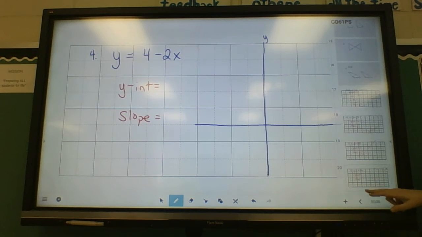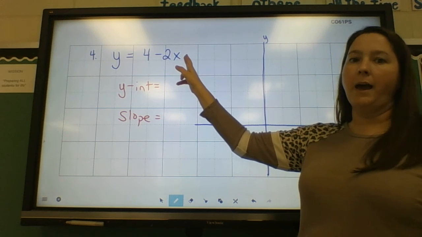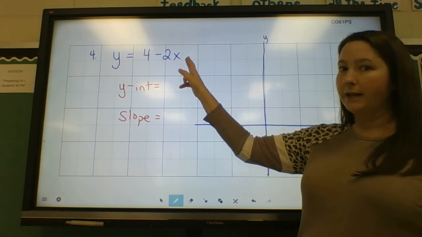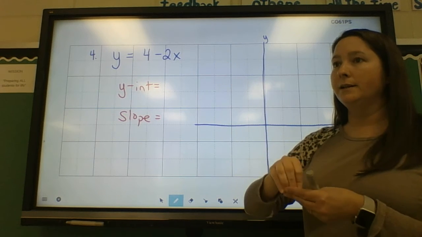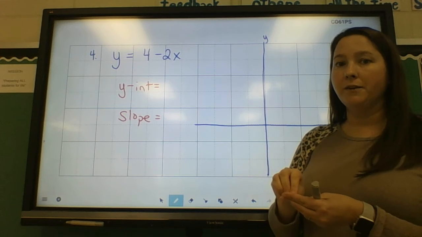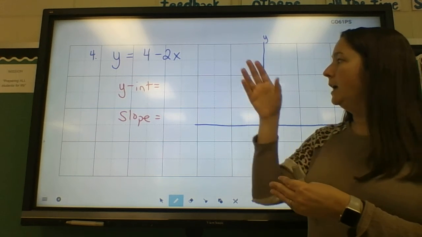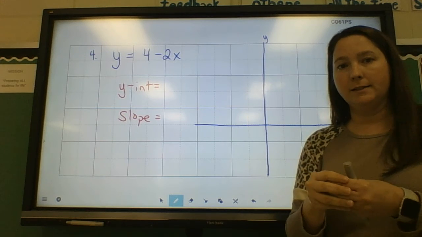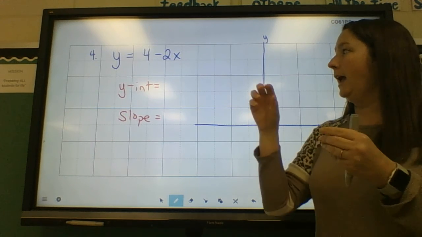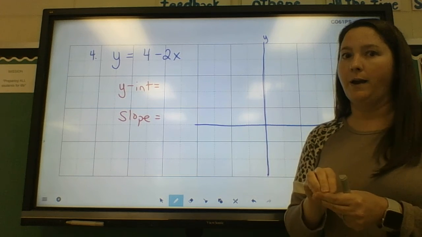And when I go here, the x is in the back. But guess what? It's still the same. The coefficient, which means the number attached to x, is still the slope. And your constant, your plain number, is still the y-intercept.